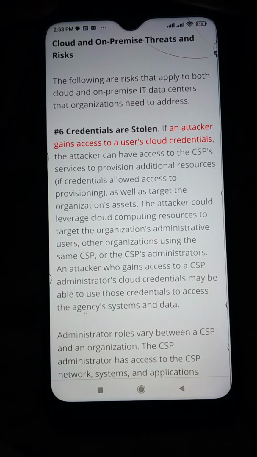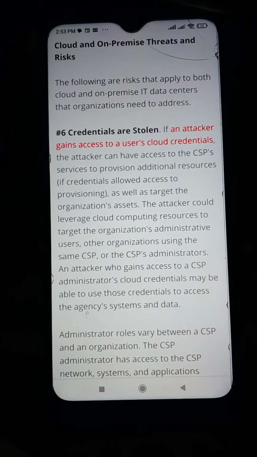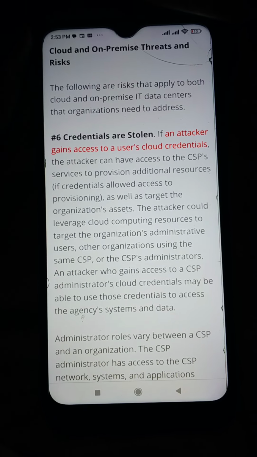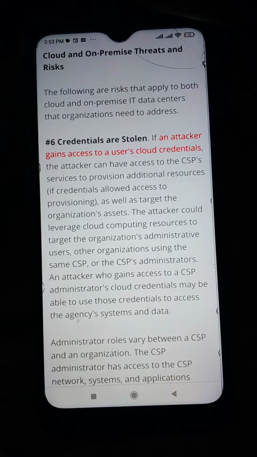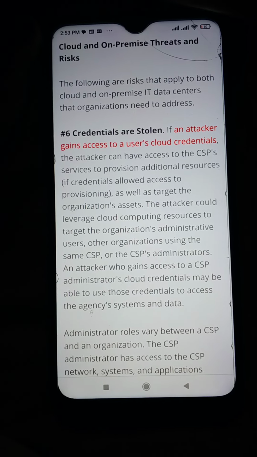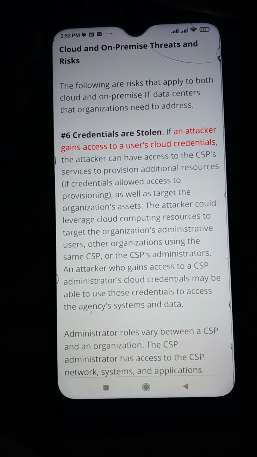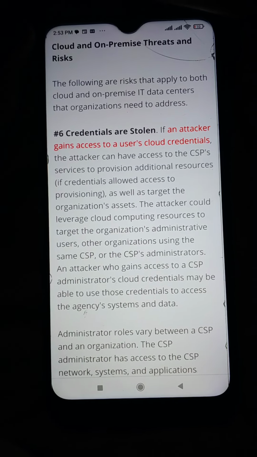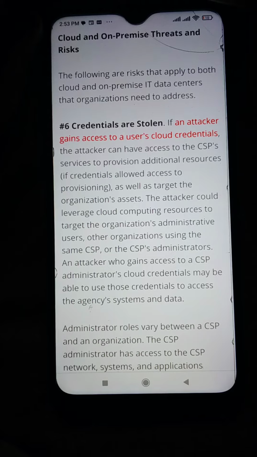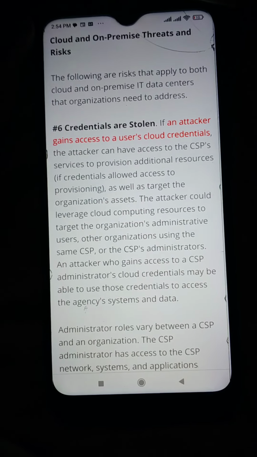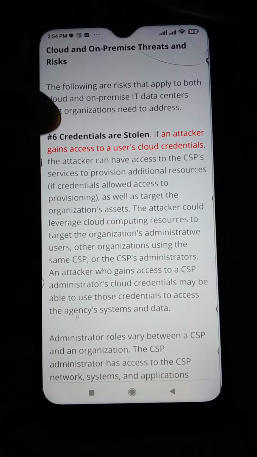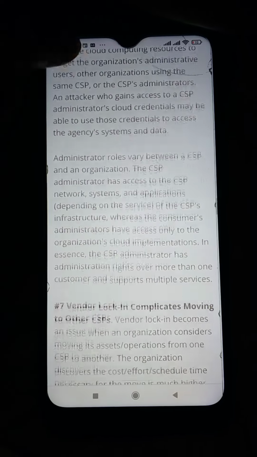The attacker could leverage cloud computing resources to target the organization's administrative users or other organizations using the same CSP. Or the CSP administrators: attackers who gain access to a CSP administrator's cloud credentials may be able to use those credentials to access the agency's systems and data.